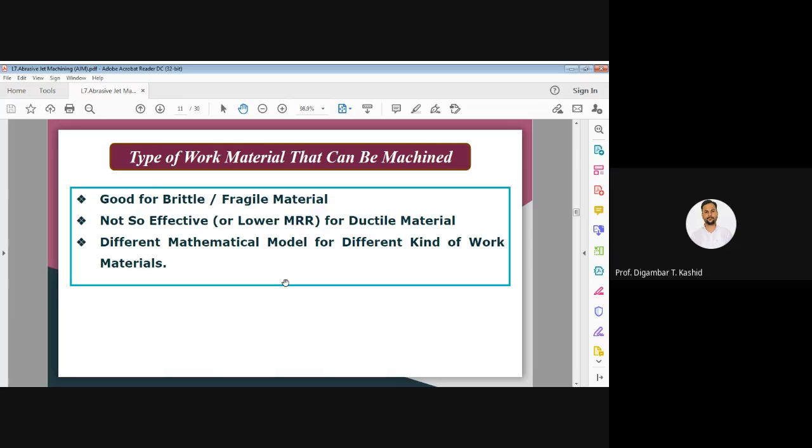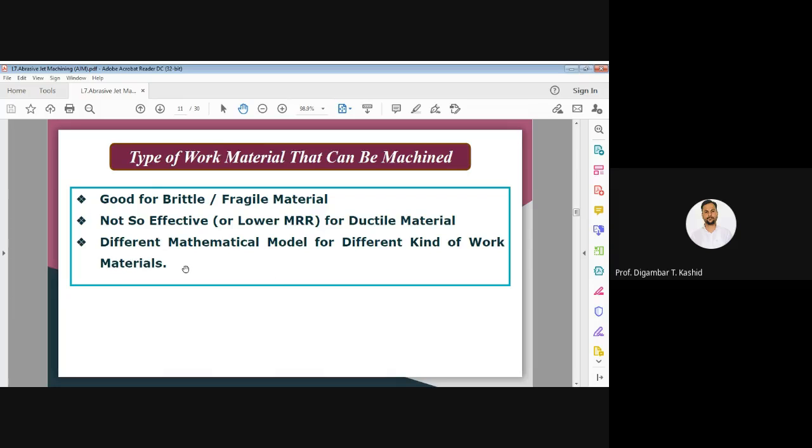It is not so effective, or I can say not so good, for ductile material. Although it can be used for ductile material, it will give you low material removal. I will repeat: you can use this process for ductile material, but it will give you lower material removal.